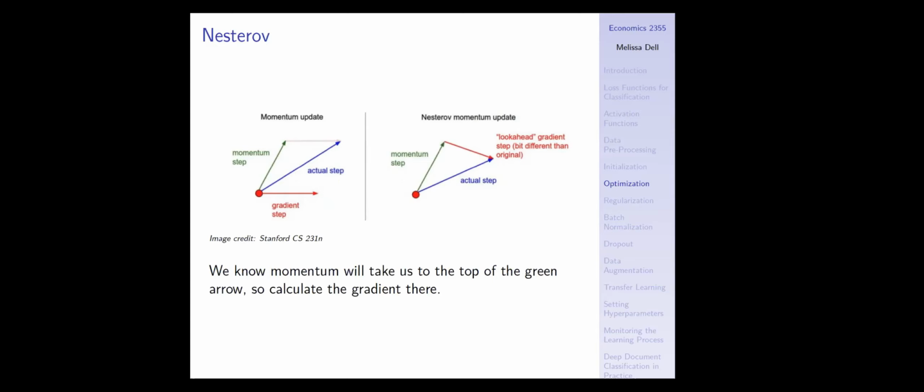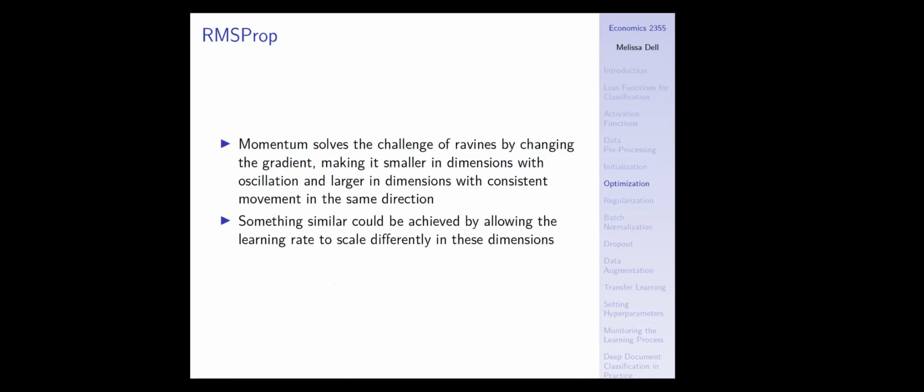You can see that right here with these figures. You end up in a slightly different place because the gradient is going to be slightly different at the location you move to with momentum than it is at your initial starting point. It might not make a huge difference, but if you add this up over and over again, oftentimes it will lead to slightly faster convergence. Okay, so that's momentum and a slightly modified version of momentum.